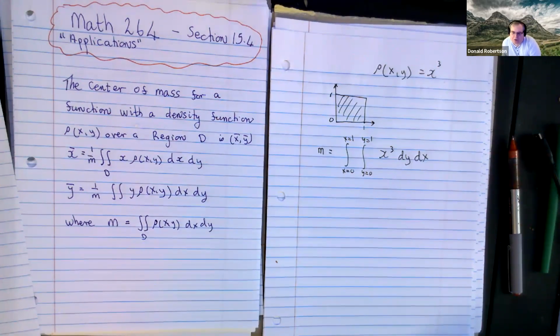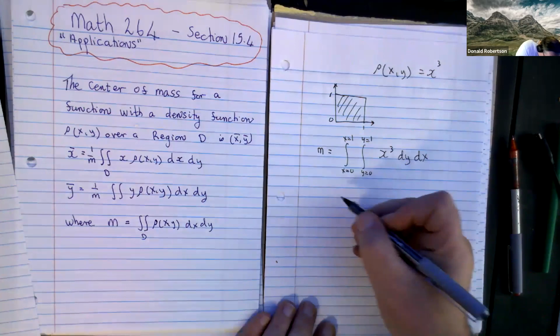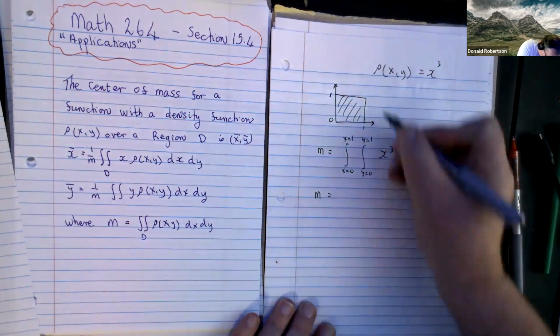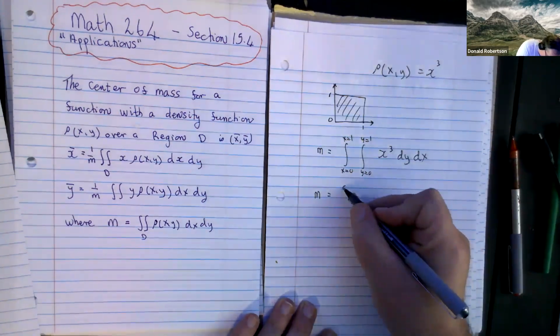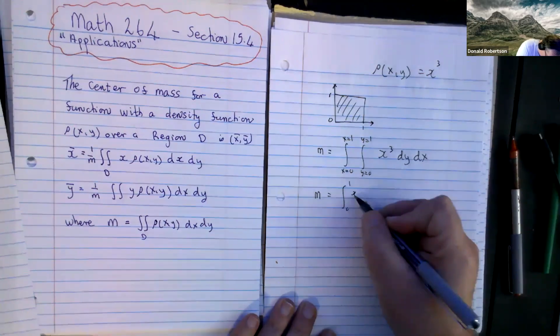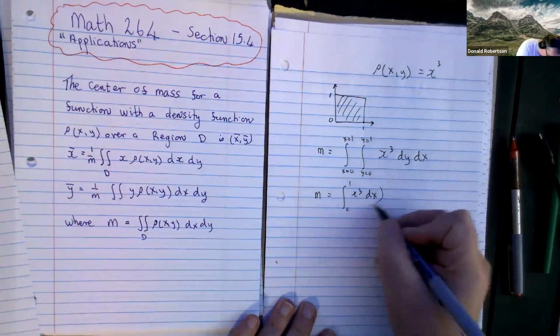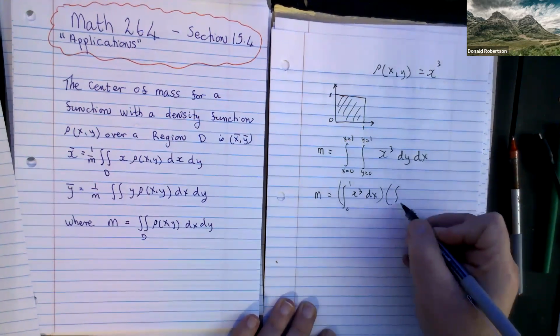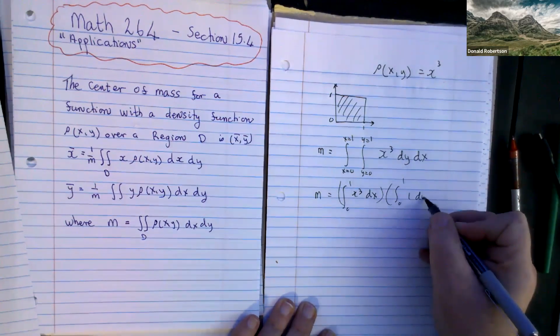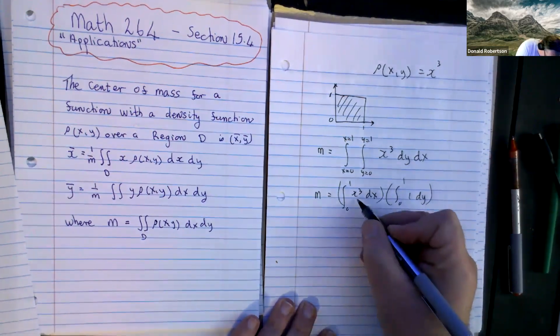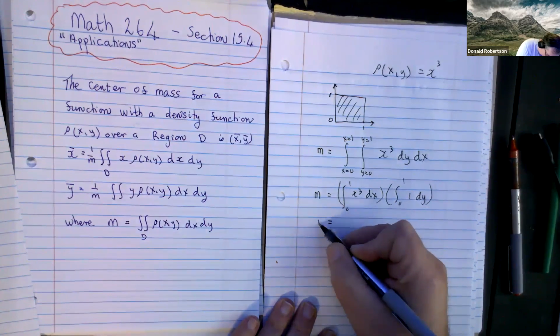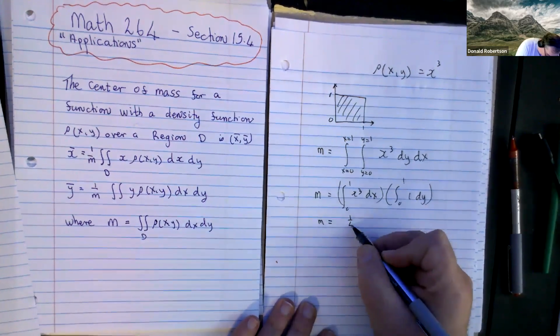Would you agree that this one is variable separable? So, to get the total mass of this plate, you would do from 0 to 1 of x cubed. And the y integral just gives 1. This guy is a power rule.